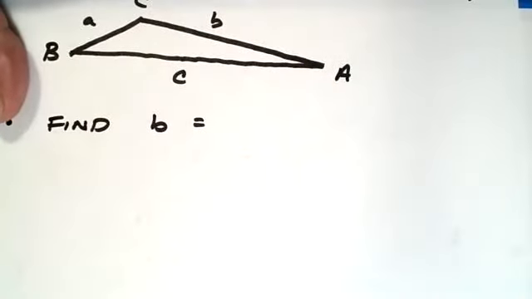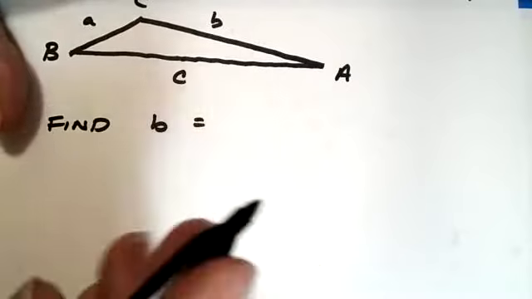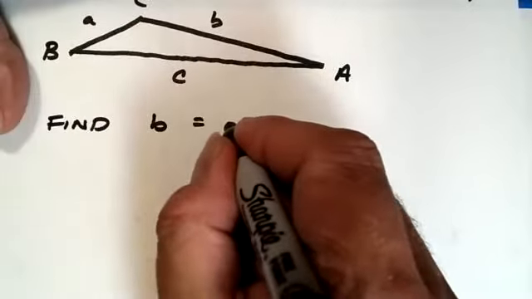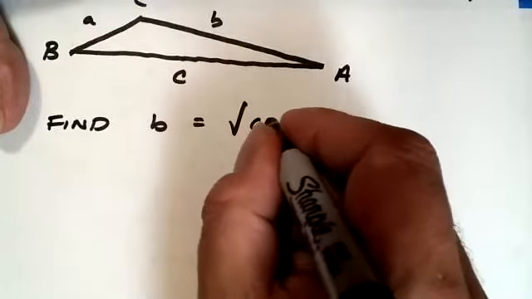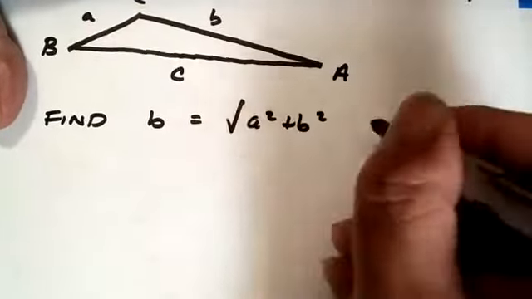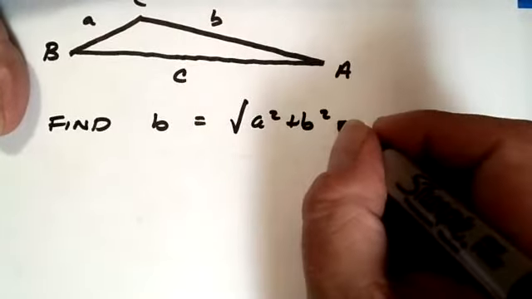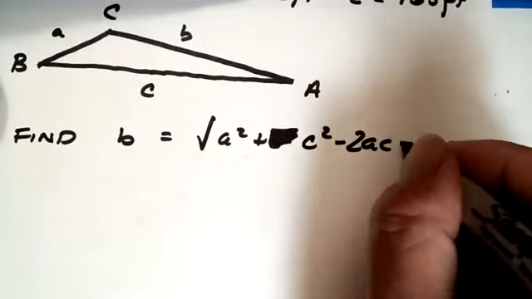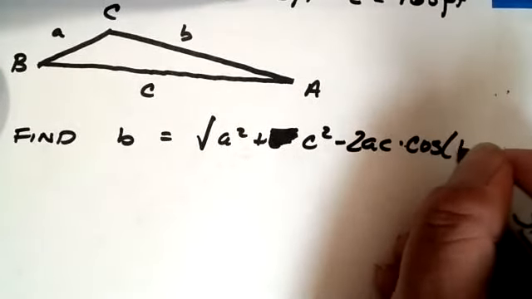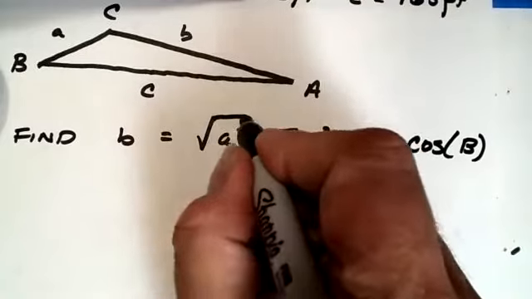Normally when you take the square root of both sides, you have to insert a plus or minus, but b is a length, so it's never going to be minus. So this will be the square root of a squared plus c squared minus 2ac cosine of b, all under this radical.